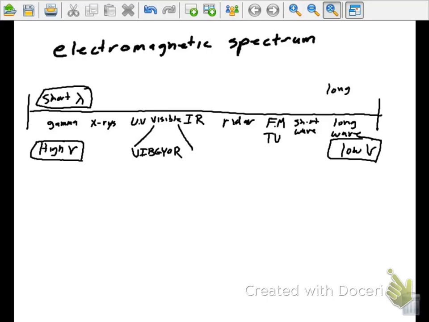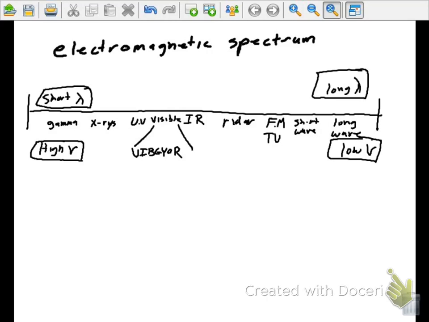Now, here's a trick question that you'll see on the test probably. Okay? Now think about it before you answer. How does the speed of X-rays compare to the speed of green light? What's their speeds? How do they compare? Isn't the speed of light the same, so all the same?